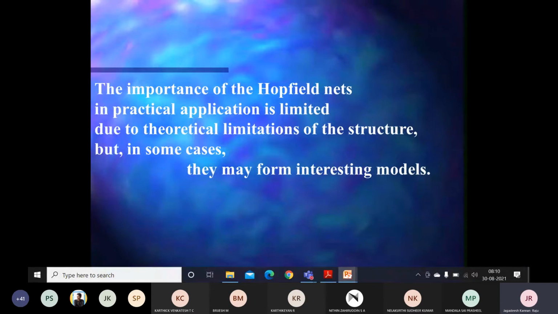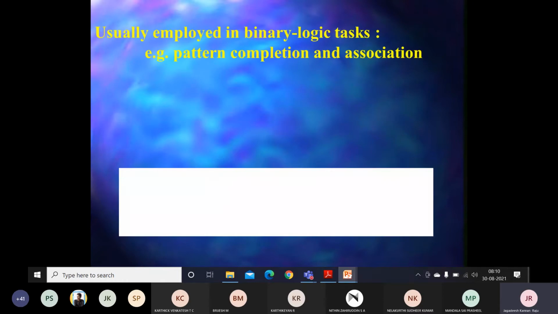So the importance of Hopfield nets in practical application is limited due to the limitations of the Hopfield structure, but in some cases they may form some interesting models. If you rearrange the Hopfield network, those rearrangements may solve certain issues or applications.